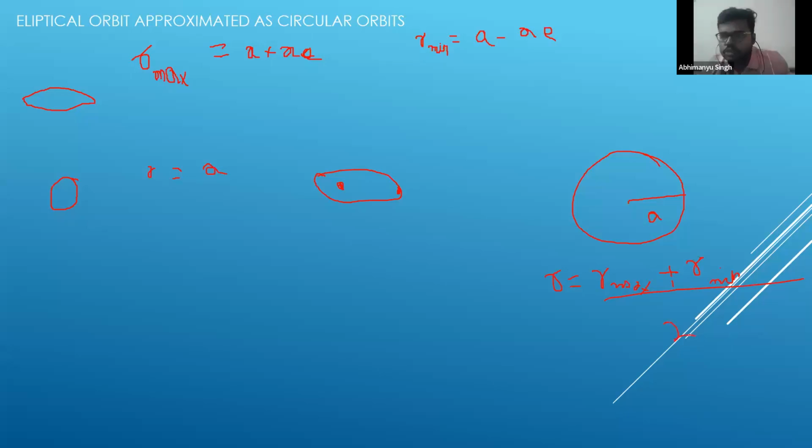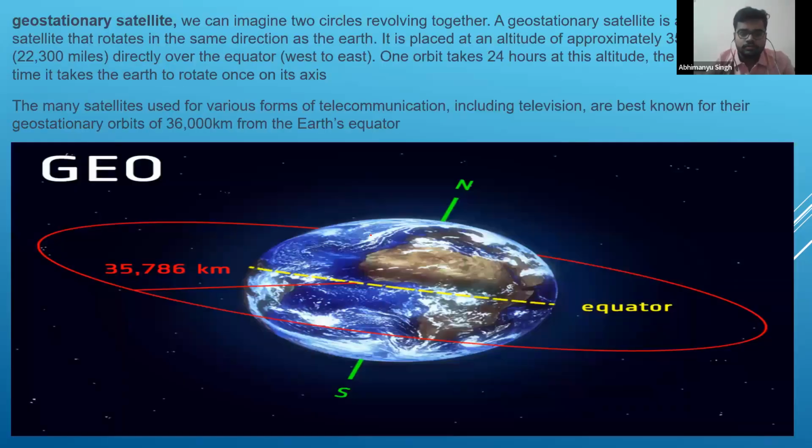This is the formula we use for circular approximation, and thus the radius comes out to be A only. So an ellipse can be approximated into a circle of radius equal to its semi-major axis. However, it is incorrect, but we can approximate it to see that our result is a similar one.